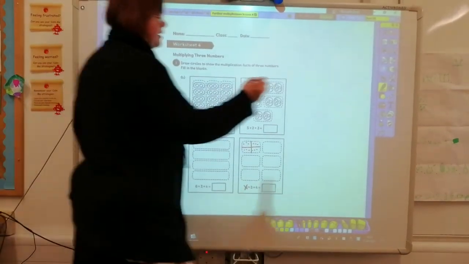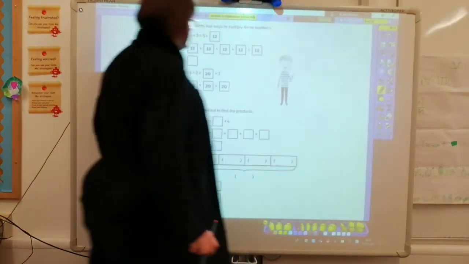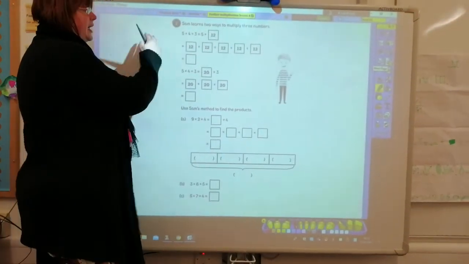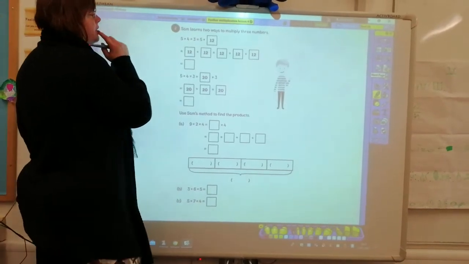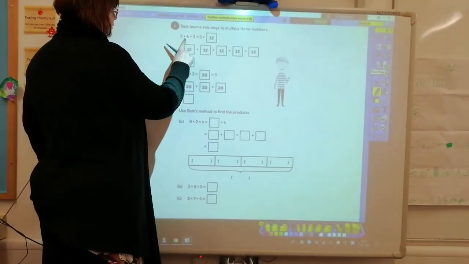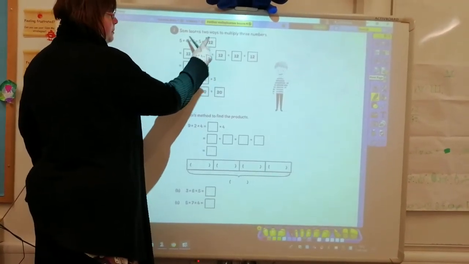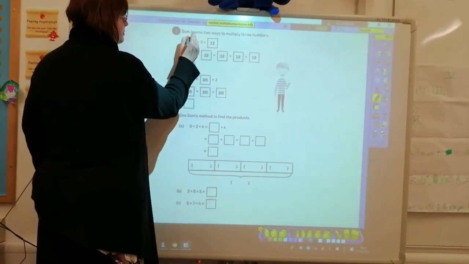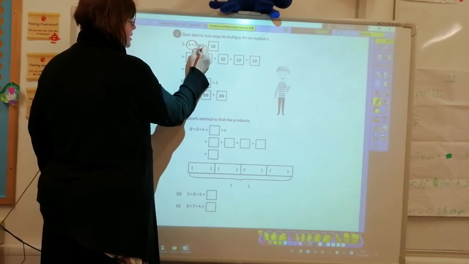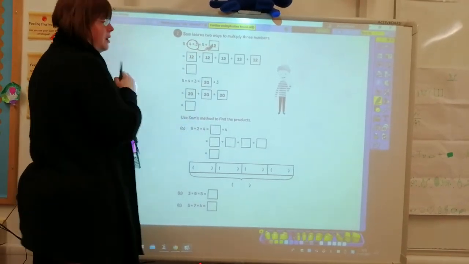Okay? Then on the next page, again, this is similar to Hannah's method, I think it was yesterday. So it's 5 times 4 times 3. This person has condensed the sum down by doing this bit first and putting the answer in that box.